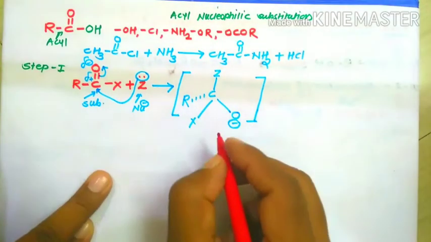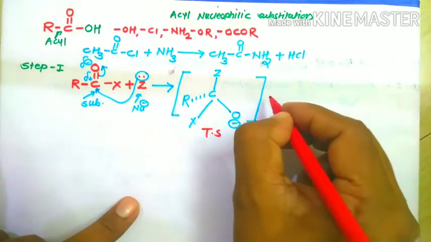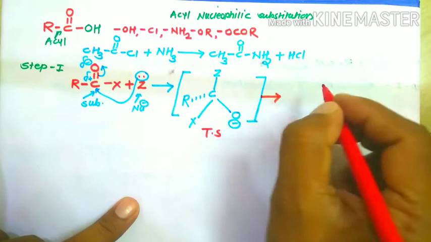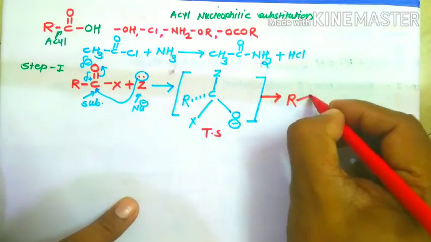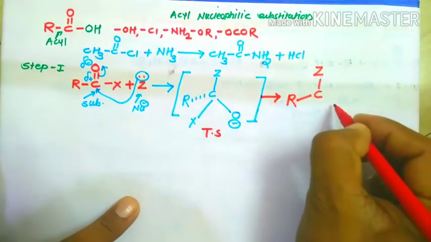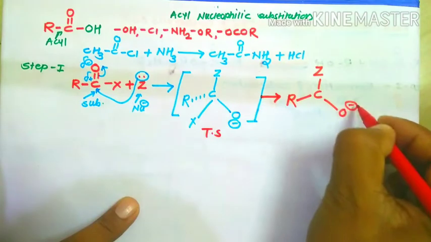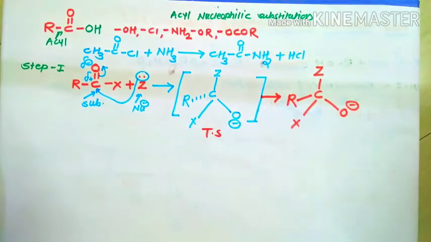This is the transition state. This transition state gives the molecule like R, C, Z, O minus ion and X. The nature of this product is tetrahedral, therefore this is known as tetrahedral intermediate.